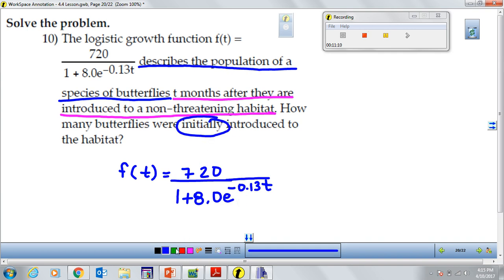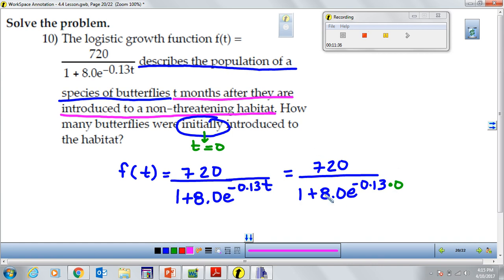Remember what I told you to refer to as time being at the initial moment in the previous problem? The initial moment in math, in terms of time, we always represent with 0. So 720 divided by 1 plus 8.0 e to the negative 0.13 times 0.